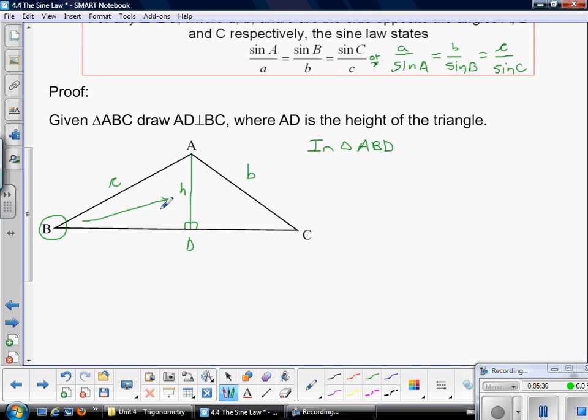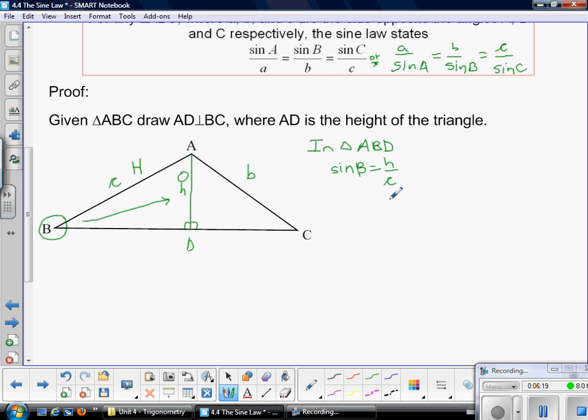This is h, which is opposite my angle B. This would be adjacent, and I'm not interested in that right now. If I have the opposite and the hypotenuse, I know that is the sine primary ratio. So the sine of angle B would equal the opposite, which in this case is h, over the hypotenuse, which in this case is c.